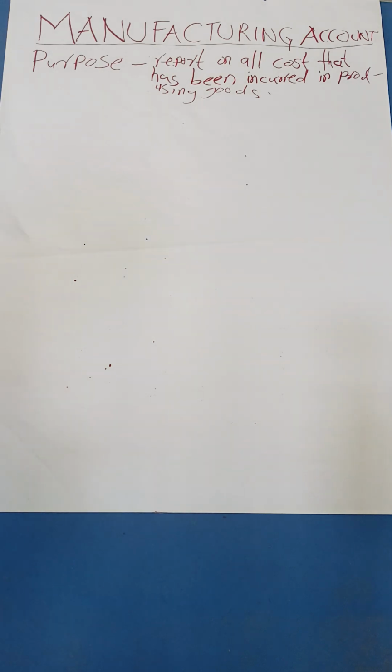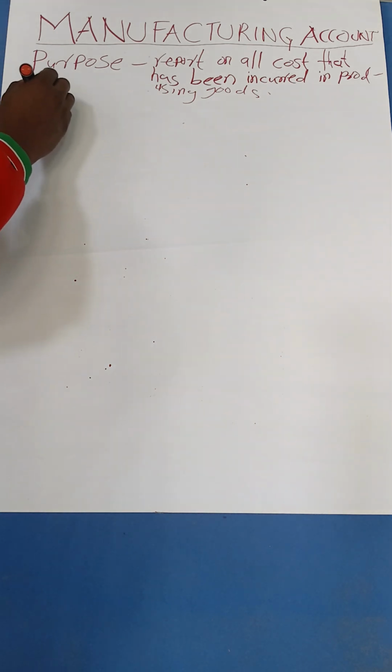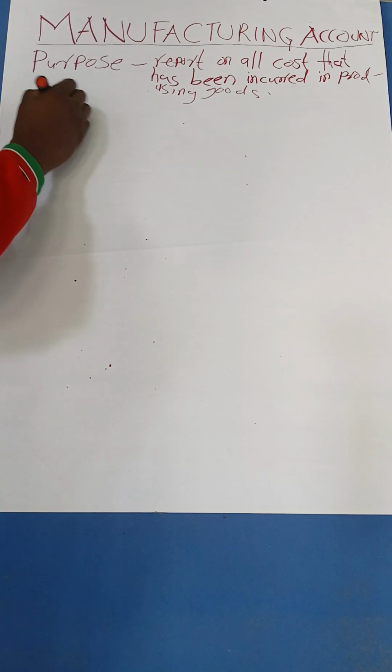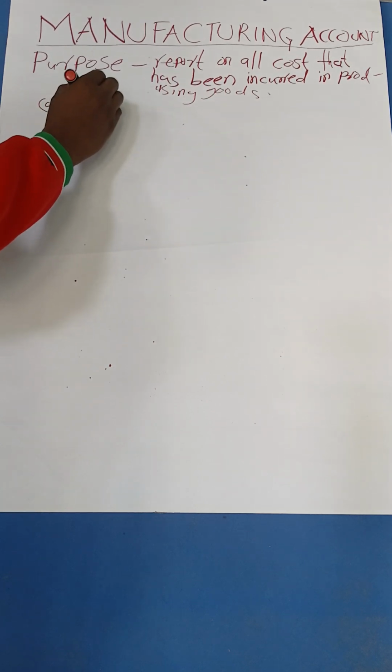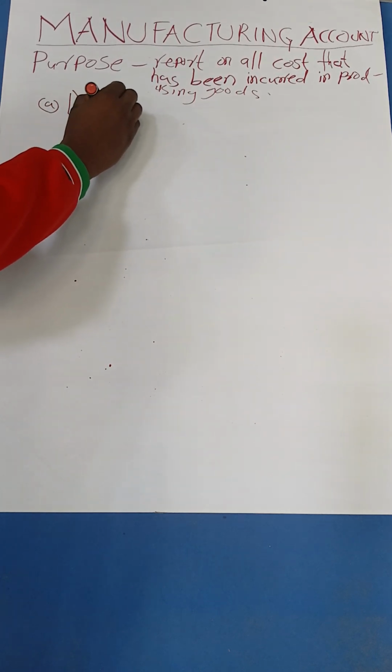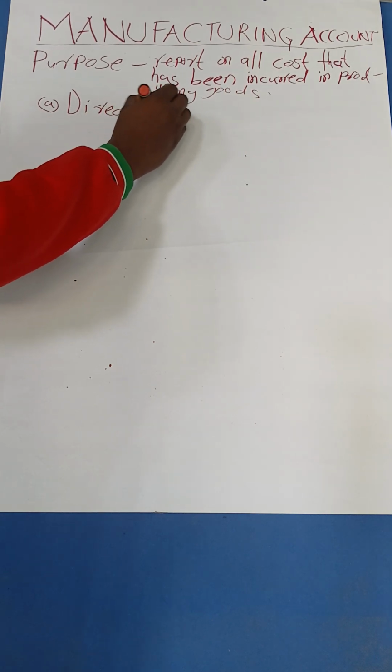Good. In costing, we know the elements of costing. One, we have direct cost. Let me talk about it first. You can call it direct material cost.